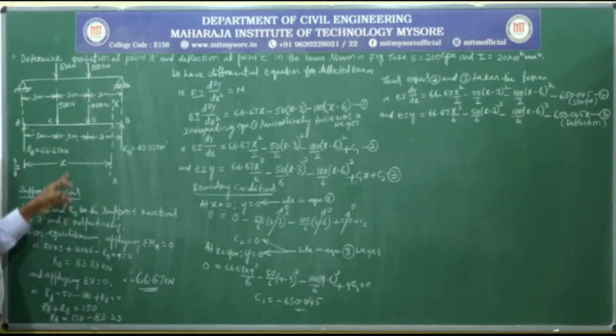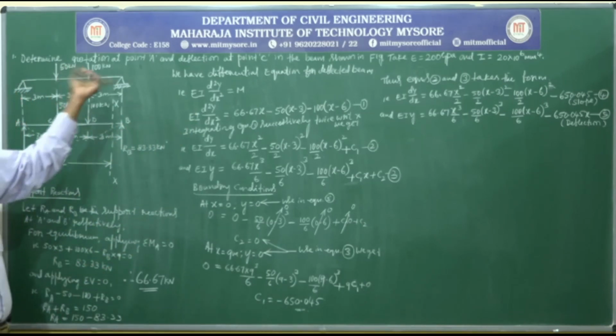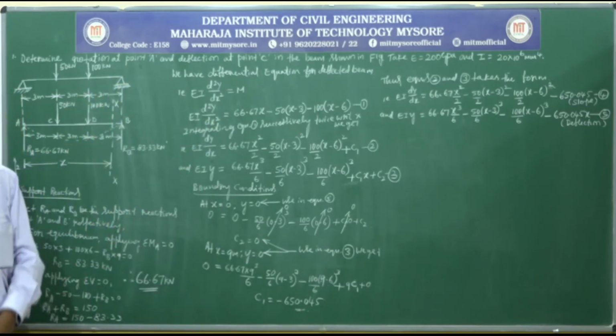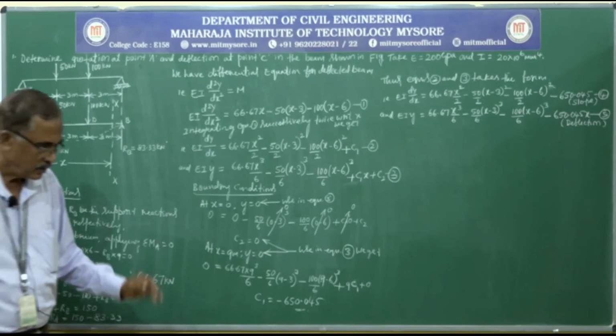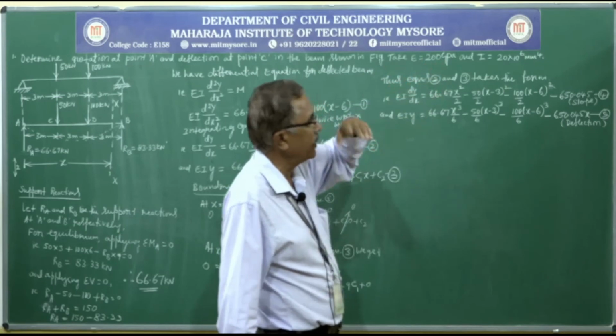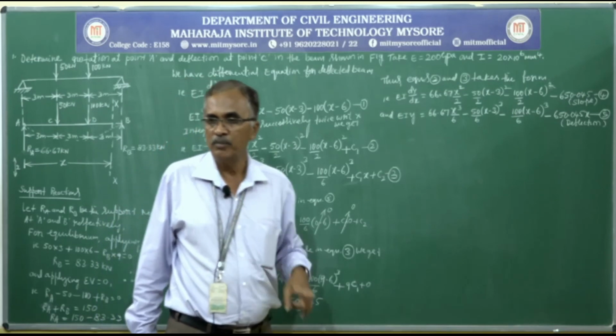Similarly, for deflection at C, the x value is equal to 3 meter. This is the origin, the x value is 3 meter, so substitute x equal to 3 meter in equation 5 along with E and I values, and we will get y equal to yc, the deflection at point C. Before that, Young's modulus is given in gigapascal and the moment of inertia in millimeter to the power 4.